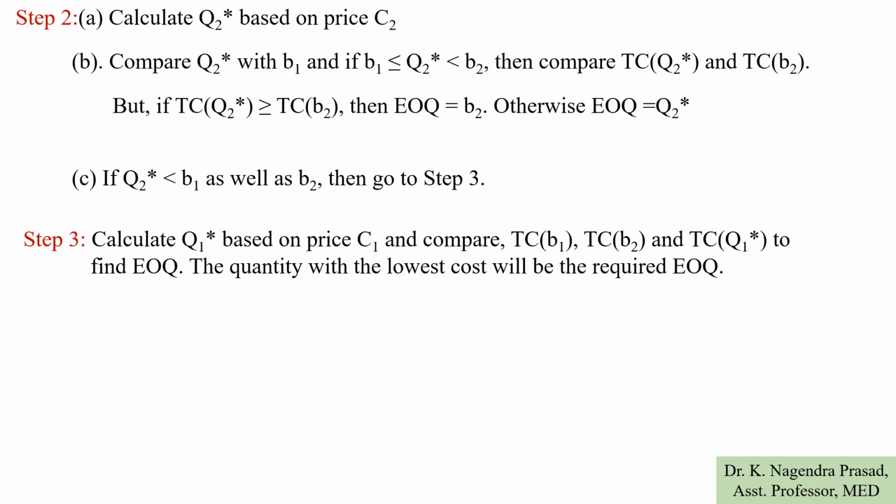Then you compare all three costs, and whichever has the lowest cost, that respective quantity we consider as the optimal quantity. So we will discuss this with one example problem.